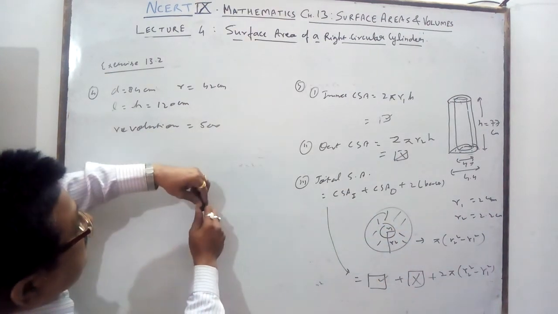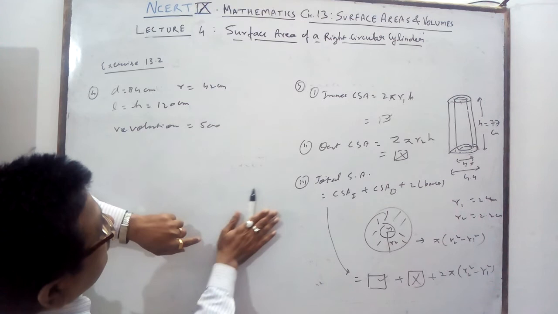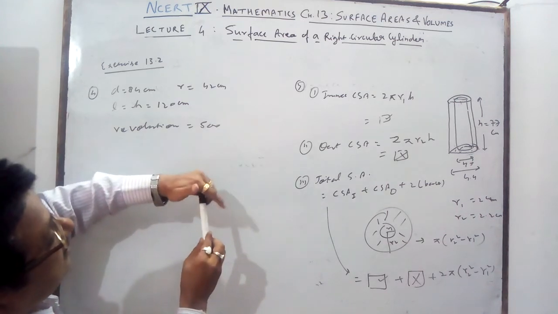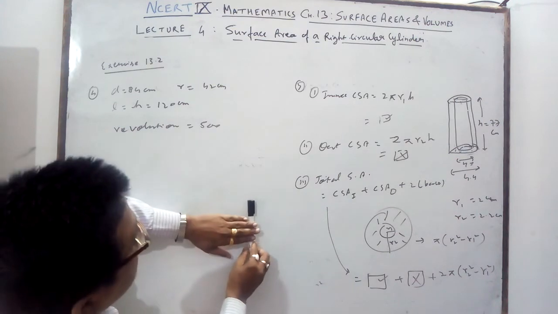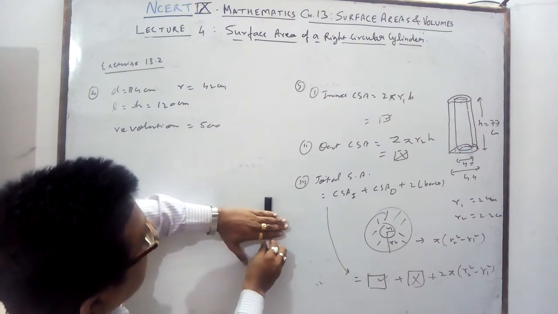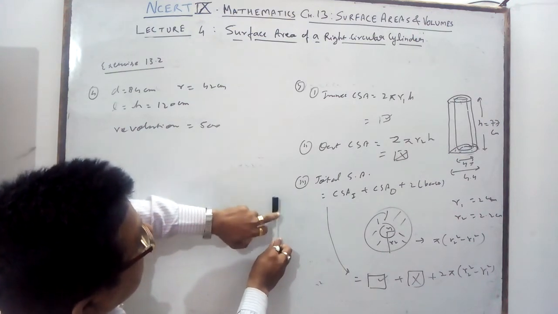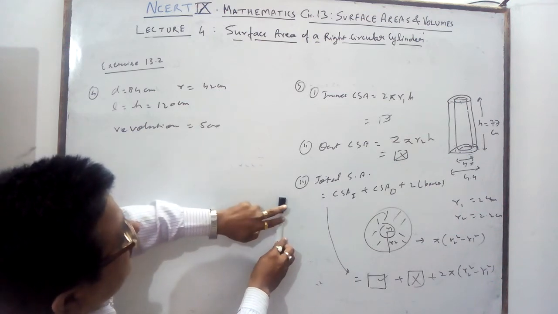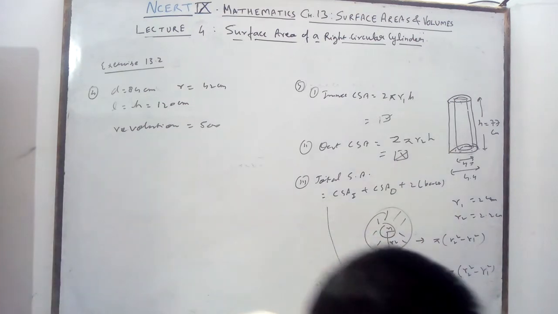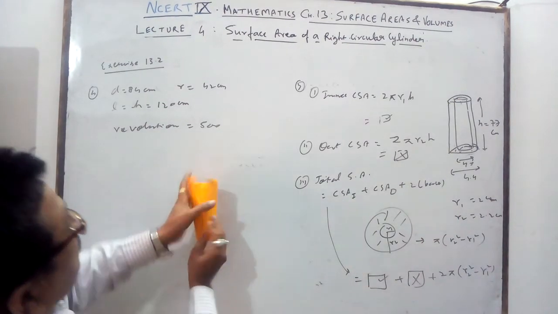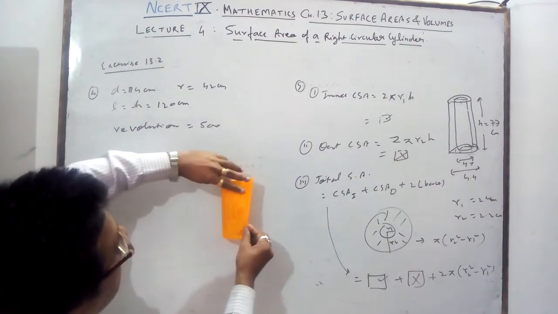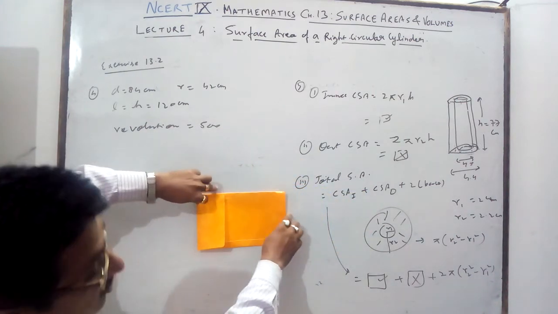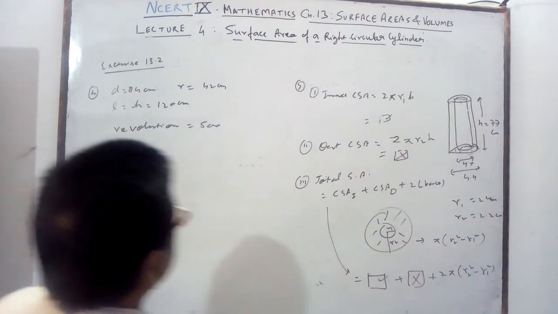Suppose it is a roller, then it will move like this, and when the top part comes to the top again, one revolution is complete. It means when you open it, it is a rectangle. When you roll it, it covers area equal to CSA in one revolution.